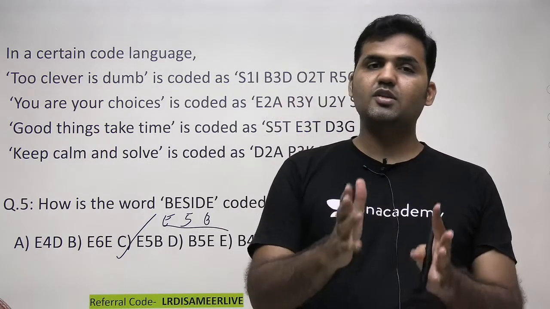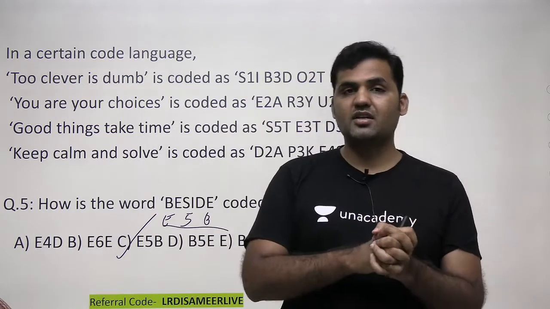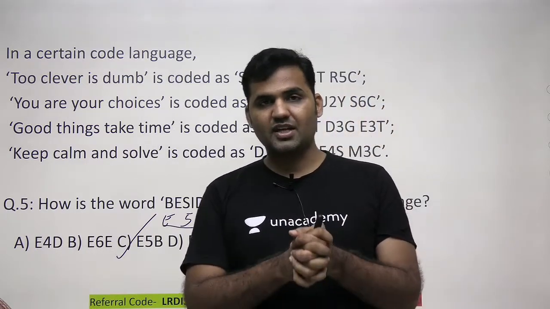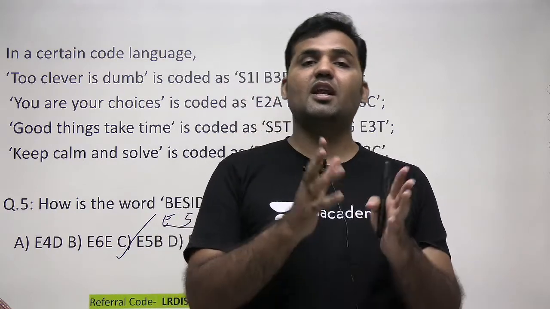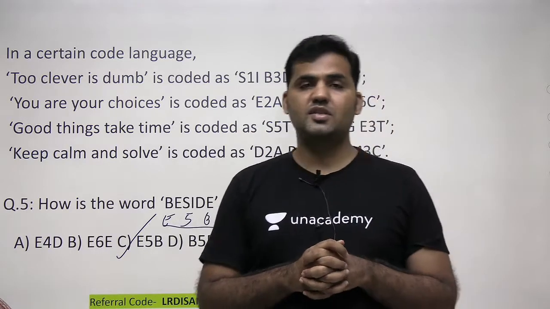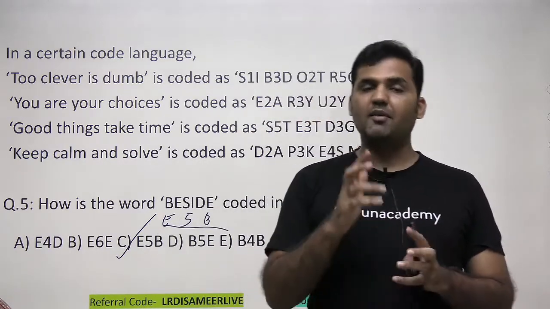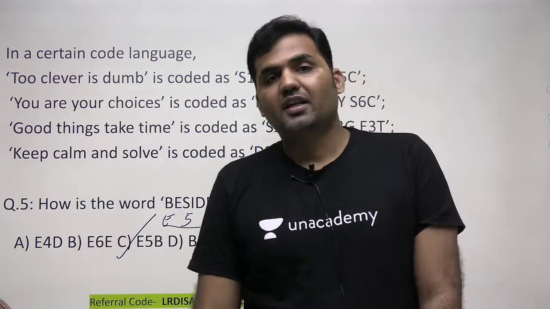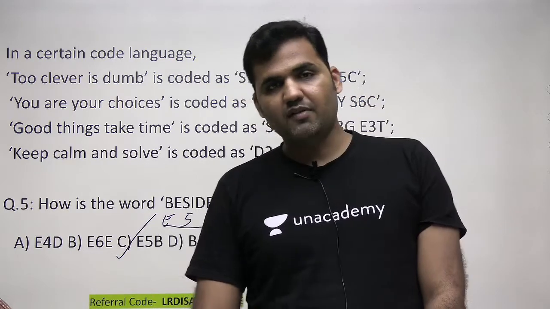Also, abstract reasoning, which is the most important topic for Maharashtra CET. There's a separate section of abstract reasoning in Maharashtra CET. There are around 50 to 60 standard abstract reasoning questions that I have covered in my previous reasoning lectures. You can also have a look at it. I'll be putting the link of all of my sessions on Maharashtra CET in the description part of this video. Please have a look at it.